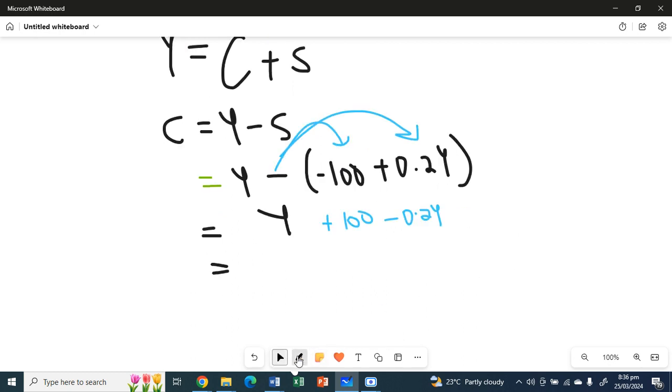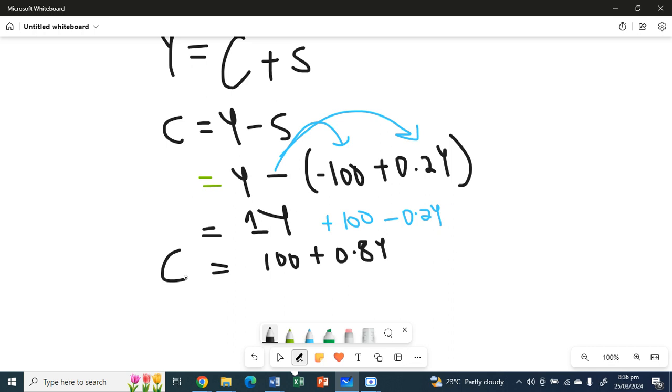So this Y is the same as saying 1Y. 1Y minus 0.2Y, you're going to get 0.8Y. So this is our consumption function.